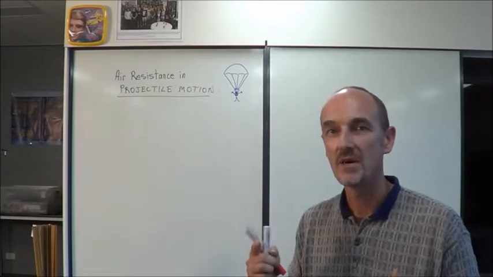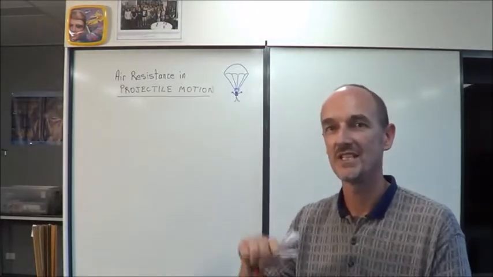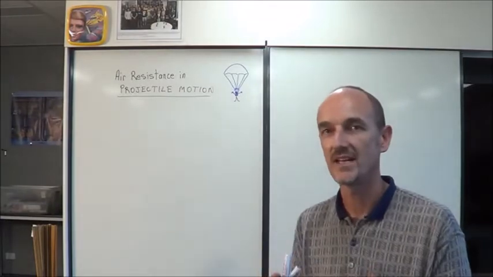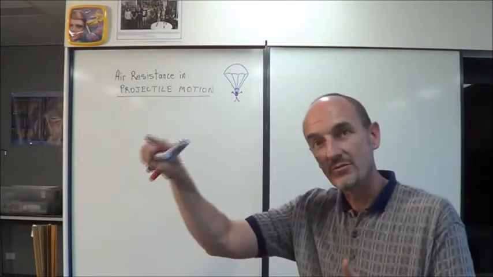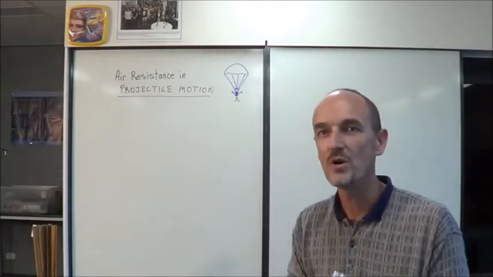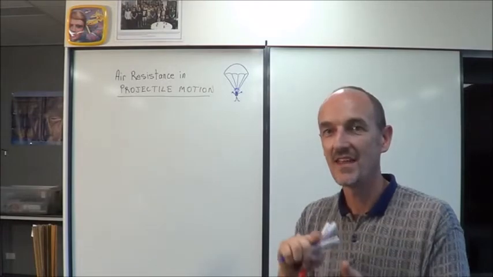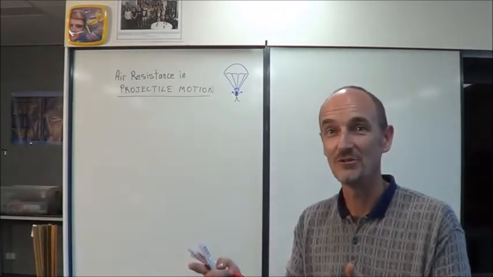If you remember that the air resistance is proportional to the velocity squared, then as an object is travelling through its projectile path, its velocity will always be changing, and therefore the air resistance force will always be changing as well.